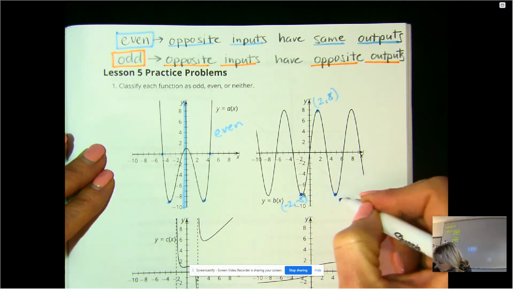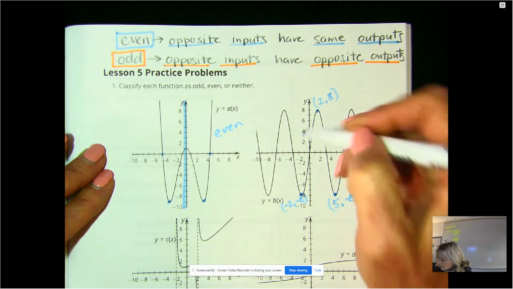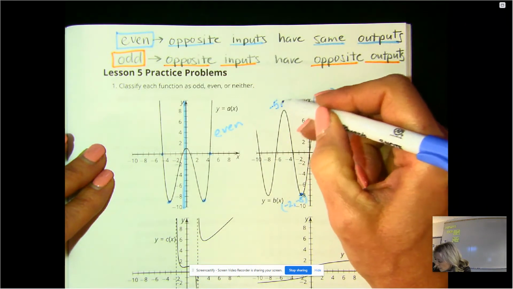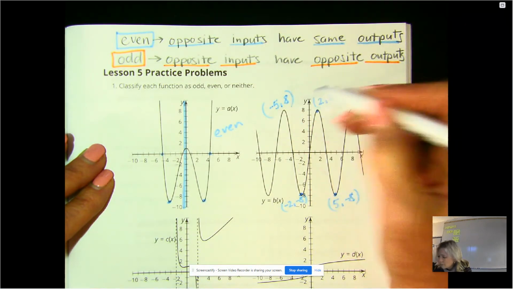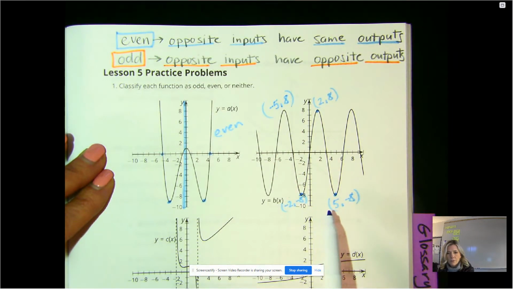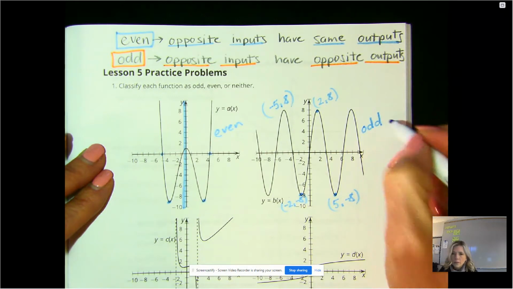I can see it again at this point. This is at (5, -8), and at -5, the function is up at +8. Again, the opposite inputs, -5 versus 5, have opposite outputs, 8 versus -8. So this would be an example of an odd function.